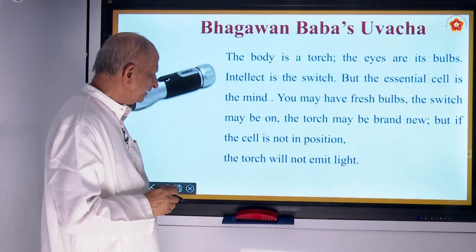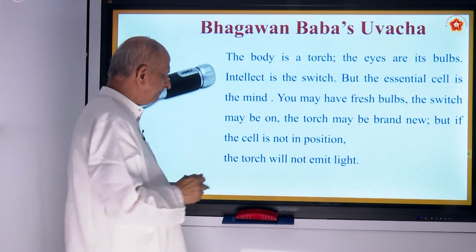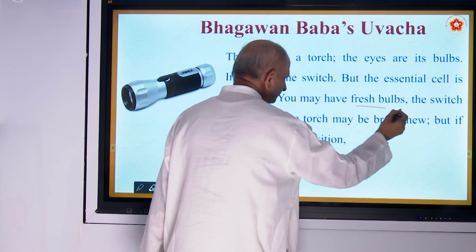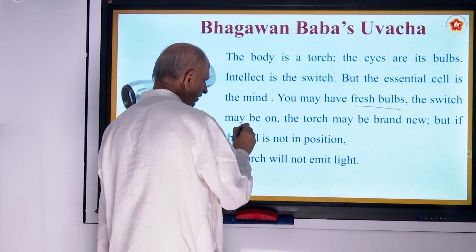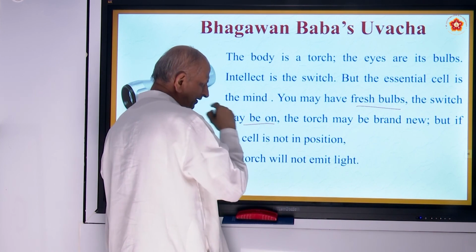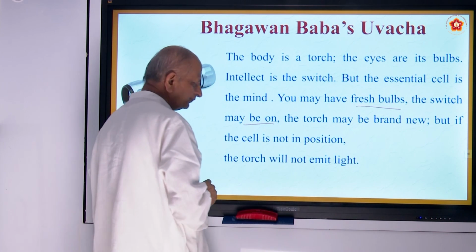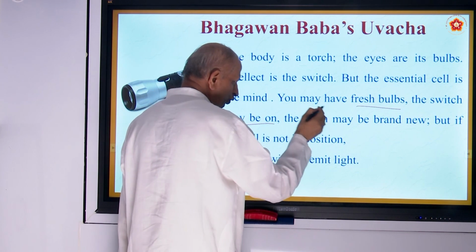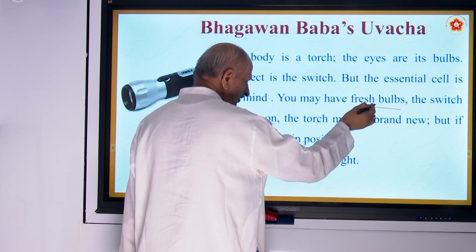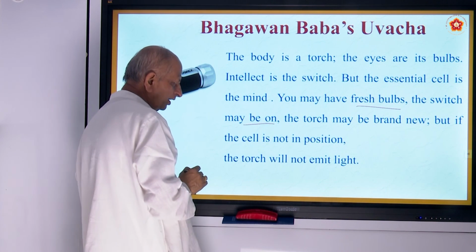You may have fresh bulbs. So bulb may be fresh, new one. The switch may be on. But torch may be brand new. So torch is new, bulb is fresh, switch also is on.